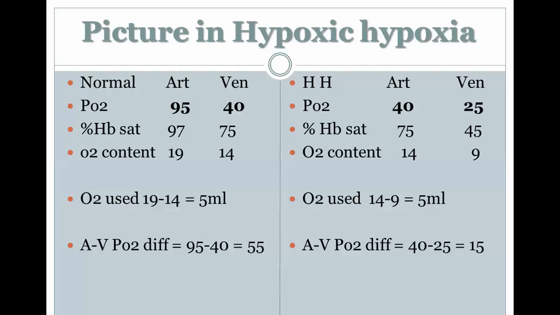Oxygen content, how much? Normal, 19 or 20, and the venous 14 or 15. That's the normal. Oxygen used or taken up by tissues? High, yes, excellent.